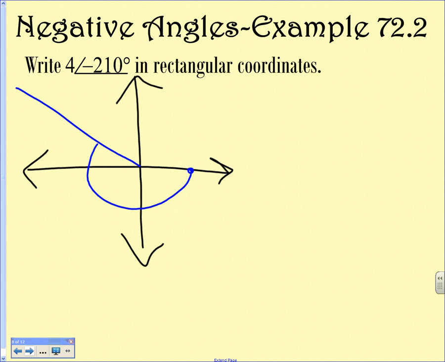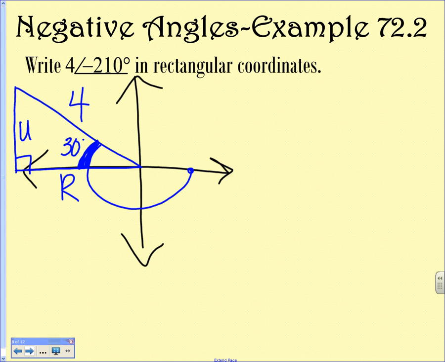Okay. Do you agree with Taylor? What is this angle going to be for my triangle? 30, yes. Where does my R go? Where does my U go? What about that 4?